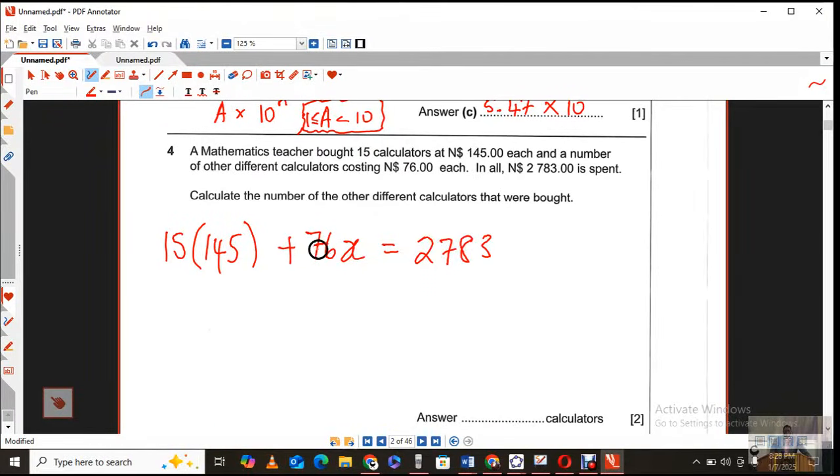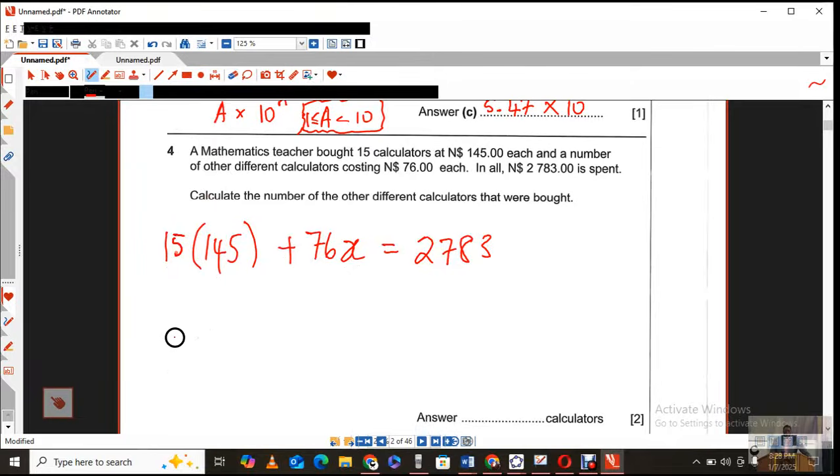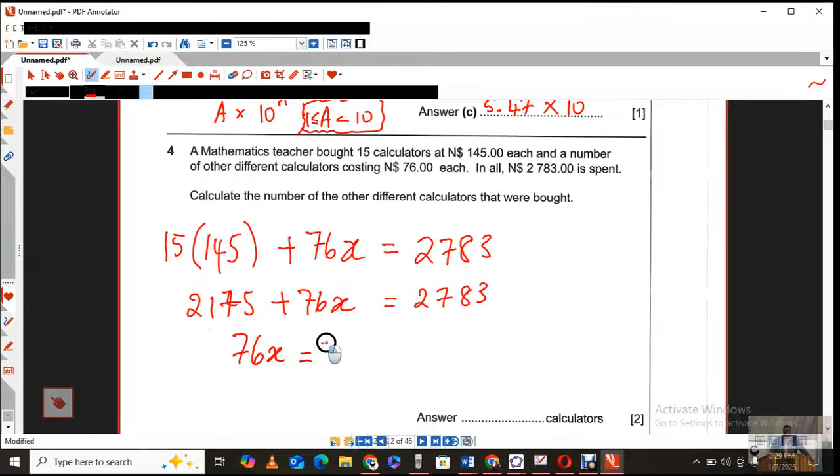Okay, so go ahead, I created a little equation there, and there are many ways you can find this answer. You can just punch it in and work your magic to calculate the missing number, or that missing x. So I'm just going to solve this equation. I've got 76x over here, and that's 2783 take away 2,175, because that's a positive value over there.